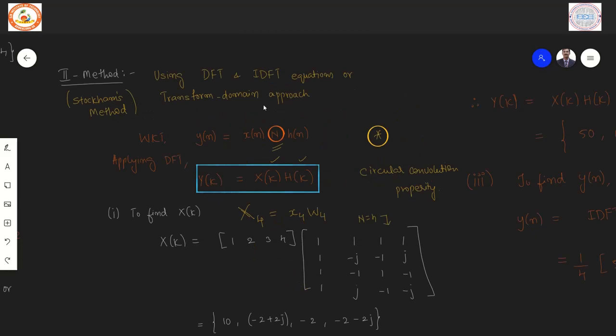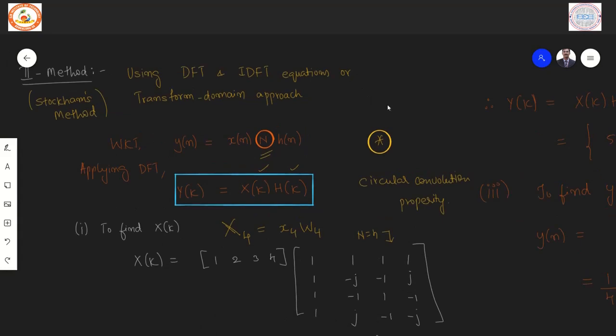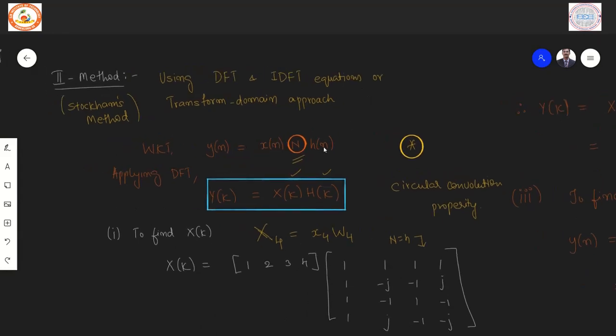The second approach of solving the circular convolution is using Stockham's method, which involves the DFT and IDFT equations, or it's a transform domain approach. So we are aware that y of n is x of n convolved with h of n, where this is circular convolution. When you apply the DFT on both sides, we get y of k is equal to x of k into h of k.